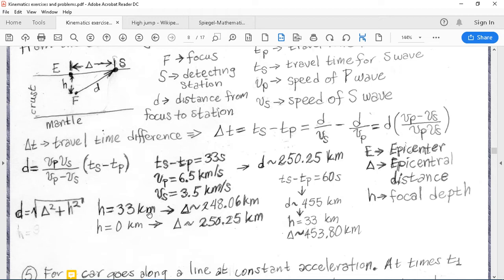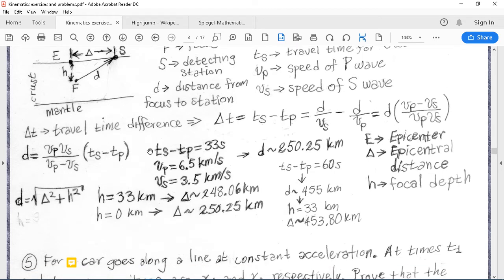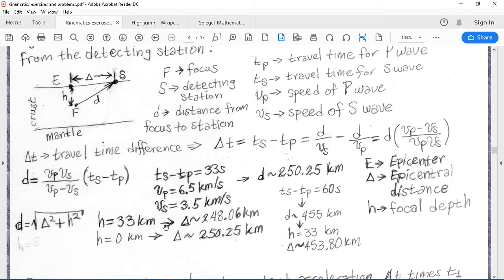So if h equals 33 kilometers, that is the thickness of the crust, then the epicentral distance is 248.06 kilometers. If the depth is 0, that means that the epicentral distance will be 250.25 kilometers.